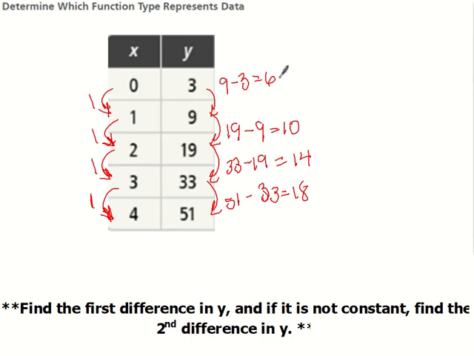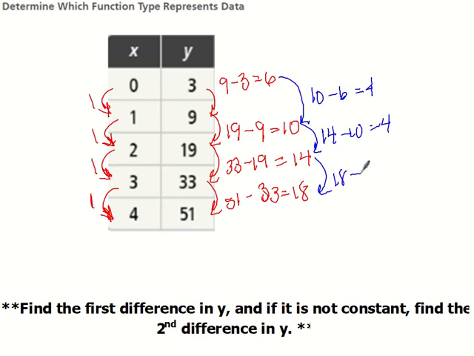We check from here to here. So I do 10 take away 6, and I get 4. And then I go 14 take away 10, and I get 4. And 18 take away 14, and I get 4.